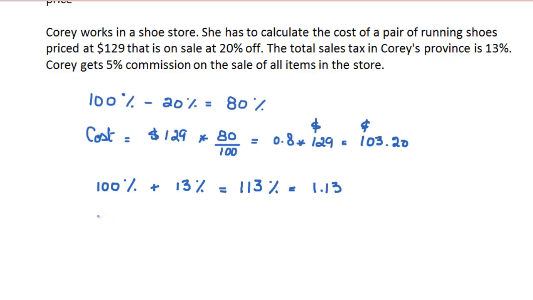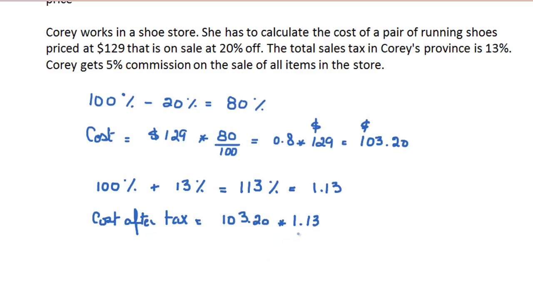So cost after tax equals the amount after discount, 103.20, multiplied by 1.13. Someone will ask, what are you doing?